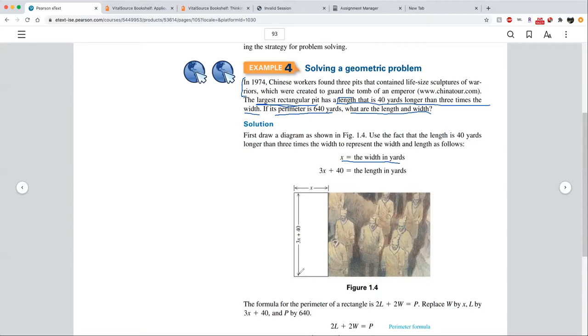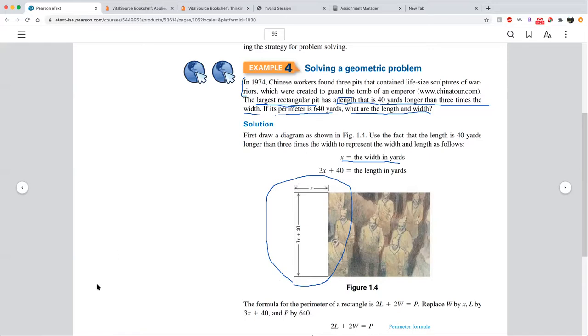Just draw a pit right here. Can you see this? Right here, let's draw a rectangular pit, and the width in yards is x. Now back to here.